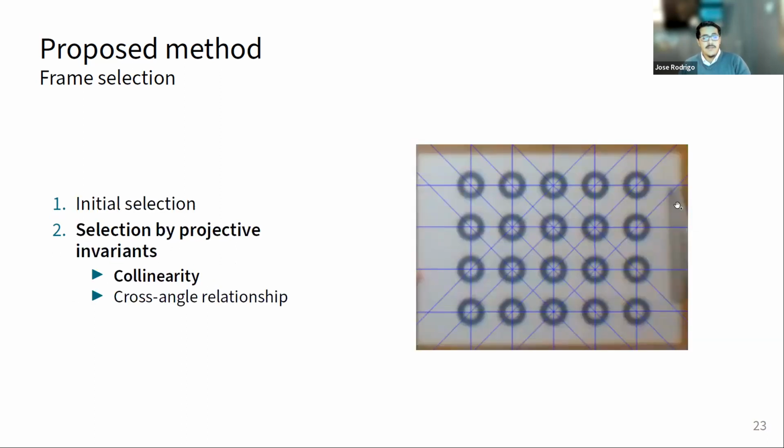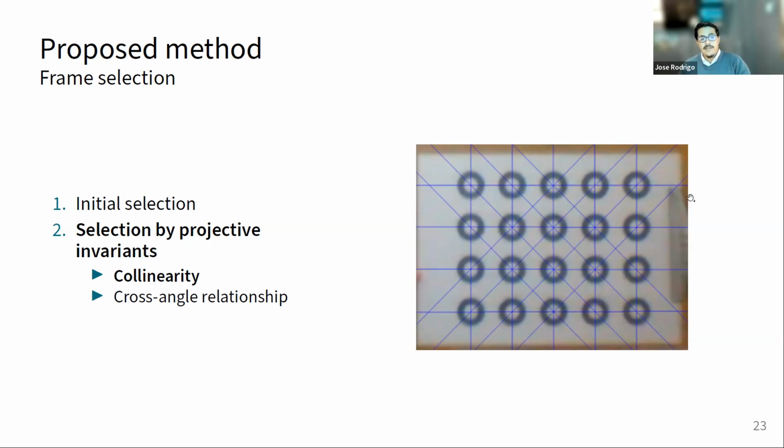The second substep is the selection by projective invariants, where we are gonna identify the collinearity and the cross-angle relationship of our control points. Here we can see the collinearity of the 20 points, where each line tries to find the distance between the baseline and our control point.